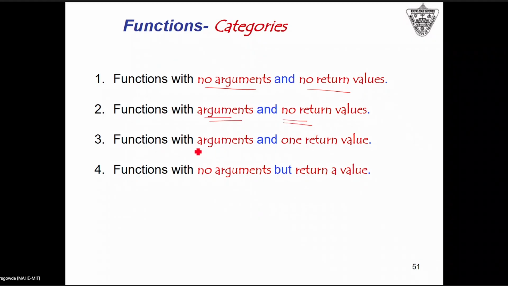The third type is the function is invoked with certain arguments and also returns a value. And the fourth type is the function is written with no arguments, but the function is going to return a value.